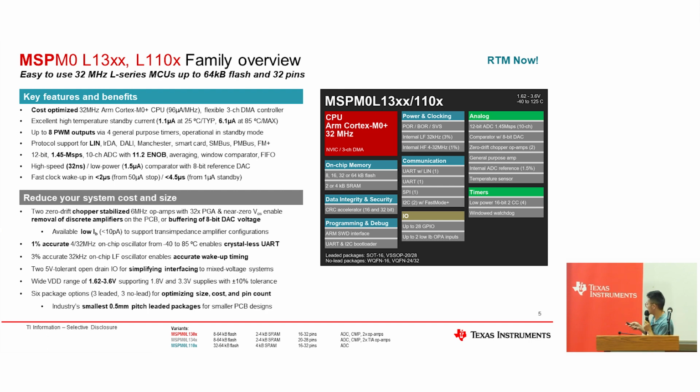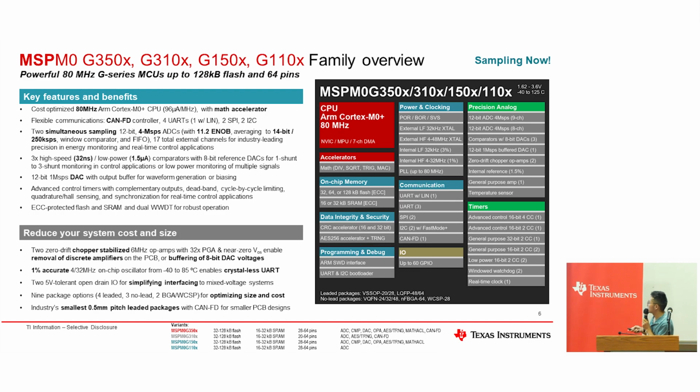And the next is our G series device. It is our performance device family. The main difference from our L series device is that the main frequency is increased to 80 megahertz, and we have enabled the MPU unit in the Cortex M0 Plus core.